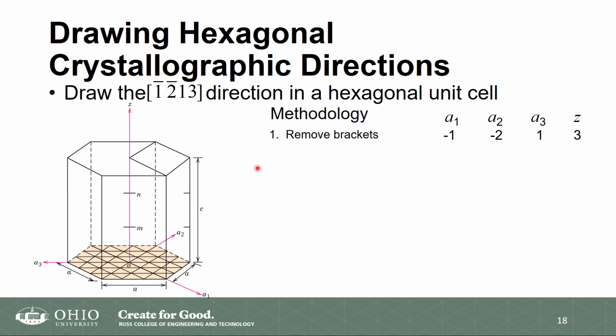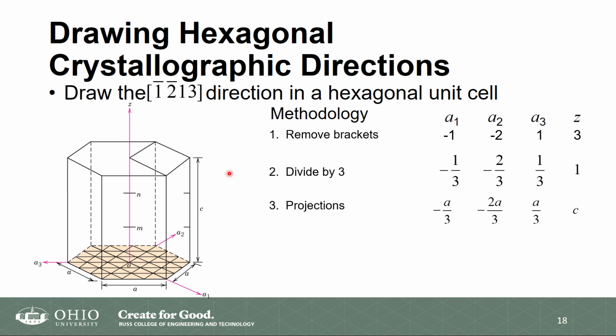So remove our brackets, and then we place the numbers under the respective axes, so -1, -2, 1, and 3. The next step will be to simplify, and we simplify by dividing by 3, because 3 ends up being the largest number here, so all our numbers have to be, as I said in the previous slide, less than or equal to 1, so we're going to divide by 3.